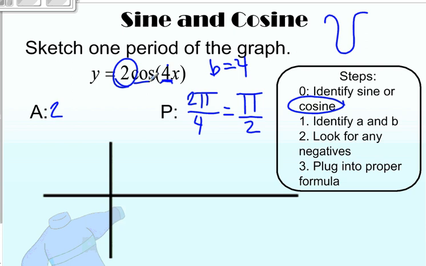So we're going to start by putting the amplitude on here, so I'm going to go 1, 2, 1, 2, because my amplitude is now 2 and not 1. My period, I'm ending at pi over 2, so I'm going to put pi over 2 out here. And I know that I'm starting at 0. So what is halfway between pi over 2 and 0? If we take that and divide it by 2, we're going to get pi over 4.